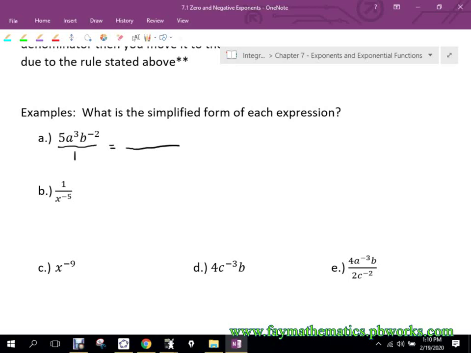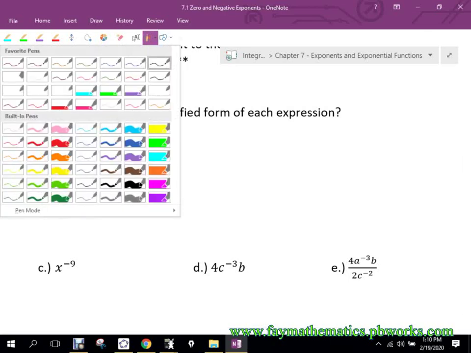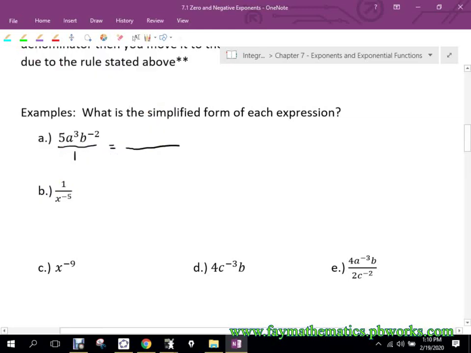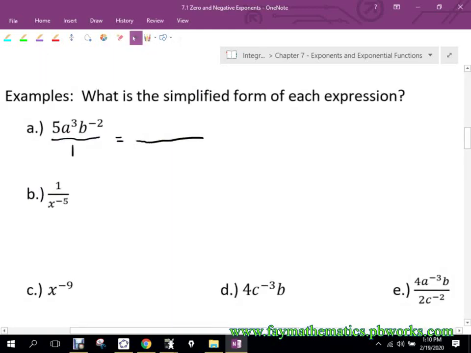So if I look at this, 5 is a base, correct? What is the exponent that is with that 5? Remember what PEMDAS says, the exponent goes to the thing that is directly behind it.